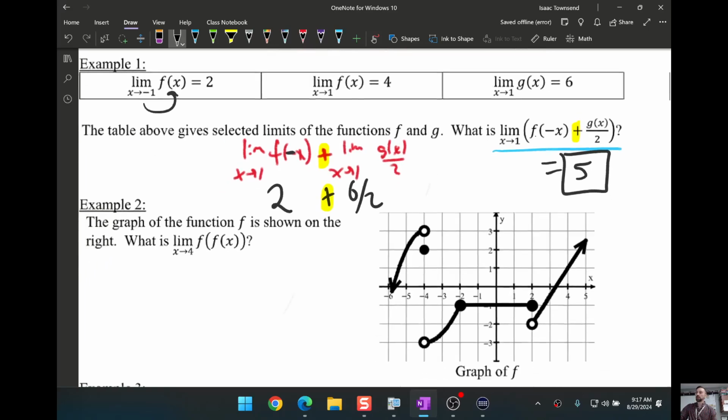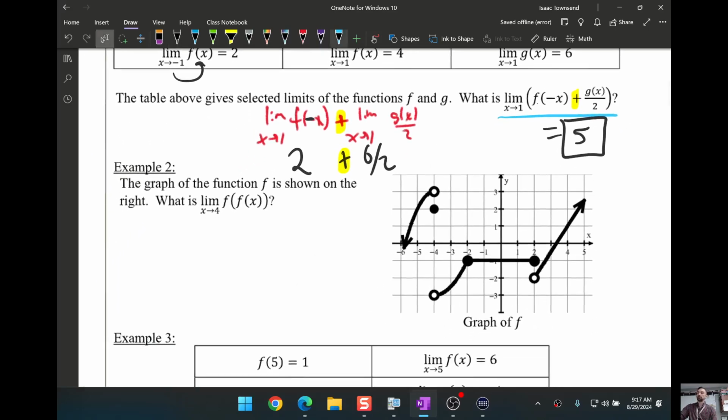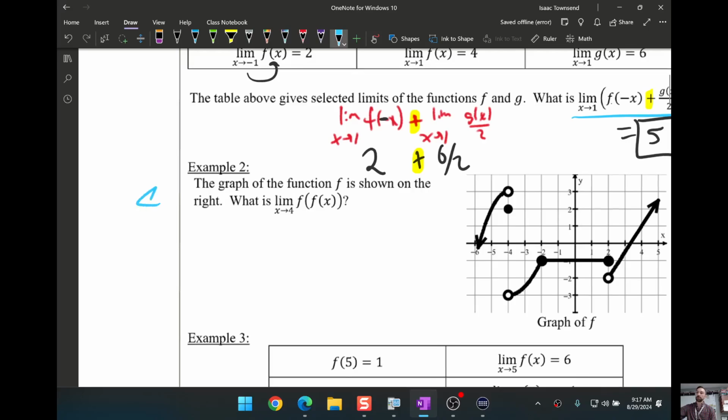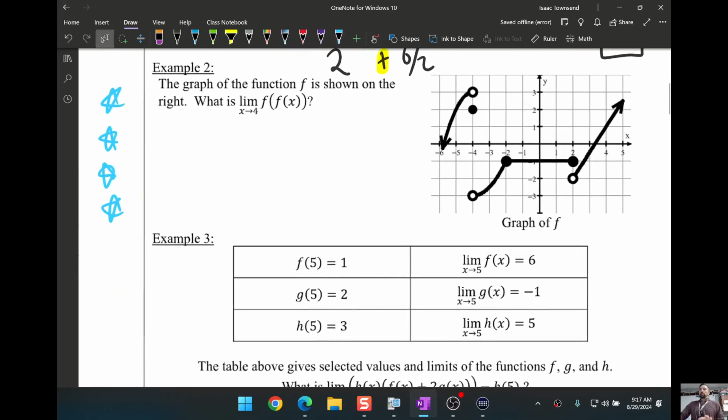Okay, the one that is not intuitive, and the one if I was you, I would put a star by, because again, this is one of those limit questions they expect you to know, but you won't get to practice this once a week or anything, and it will end up being on your AP exam. Come March, you're not going to remember how to do this. And that is when you take the limit of a function plugged into another function.